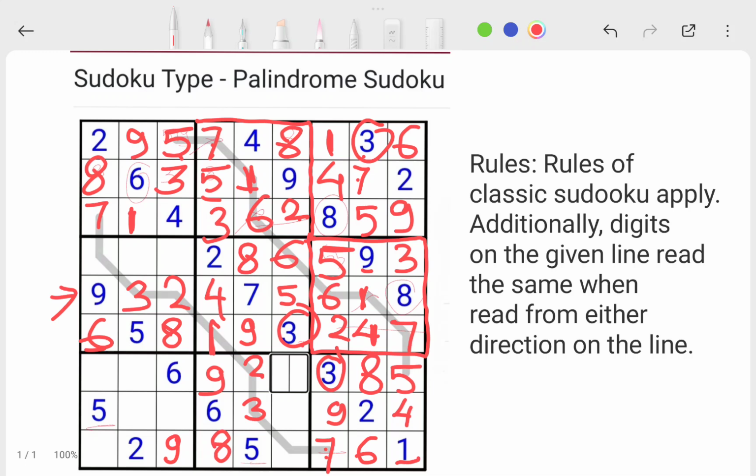Now check this box. Box 4, only three numbers are left, that is 1, 2 and 4. 2 will not come here, only 1 and 4. But 1 we cannot write here because of this. So this must be 4, 1 and 2.